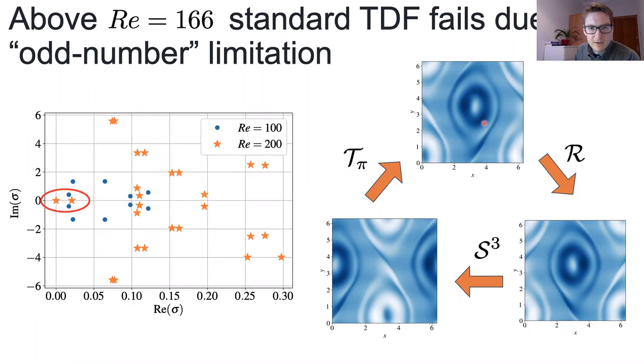Namely, if you take the solution, you rotate it, then you apply 3 lots of shift and reflect, and then you translate it by pi again, you get back to your original solution. So it's invariant under this symmetry operation. So it's worth trying to include this symmetry operation embedded in the time delay feedback term, and see if that has any effect on helping us avoid this odd number limitation.